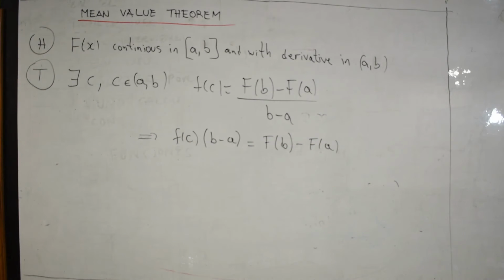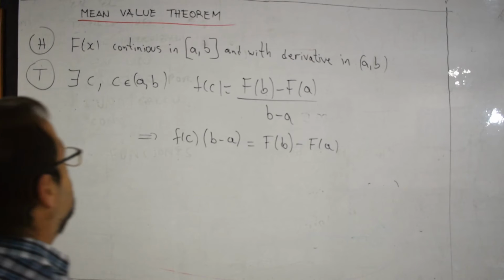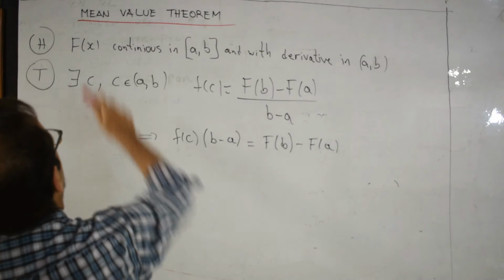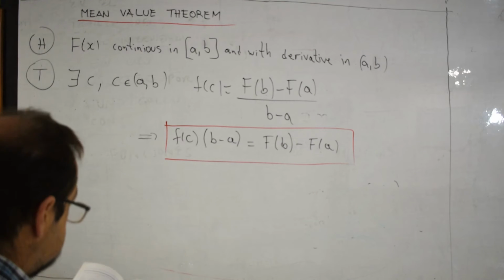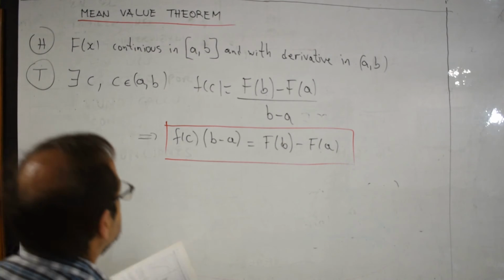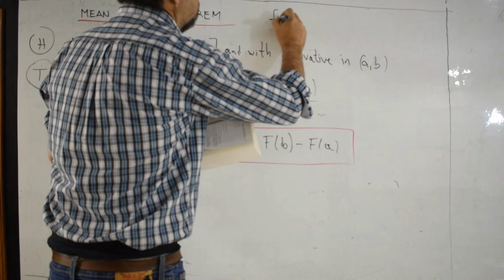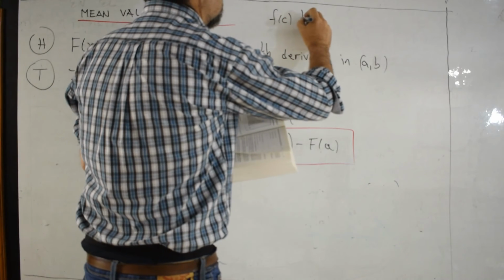That will be the thesis for our mean value theorem applied to capital F. Okay, now we are going to see how this theorem works to find our formula for the exact area that we wanted to find. Let's leave this thesis here so that we can erase the rest of the theorem.